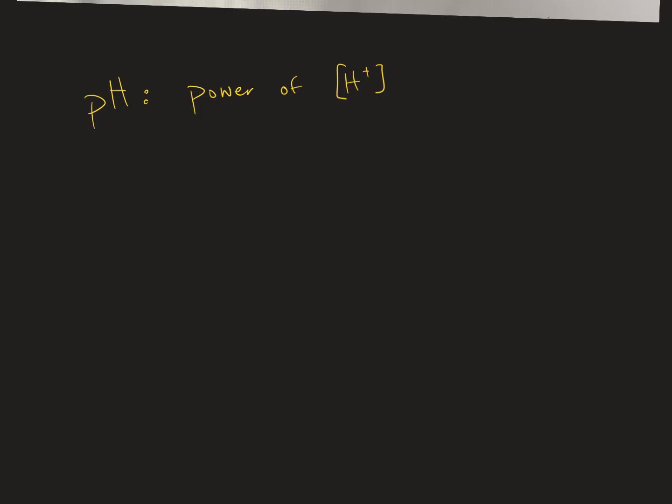So the pH scale goes from 0 all the way to 14. Where the 0 end, that's the acidic side. And the 14 end, that's the basic side. Good? What's right smack in the middle? 7. That's neutral. That's where water is. Good?